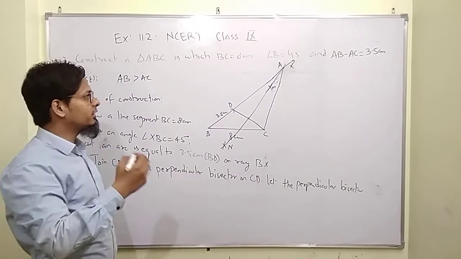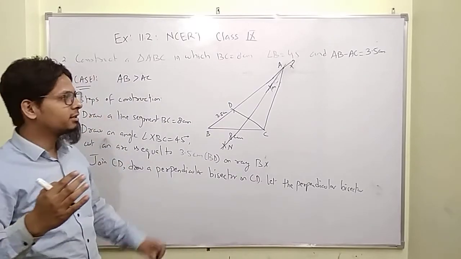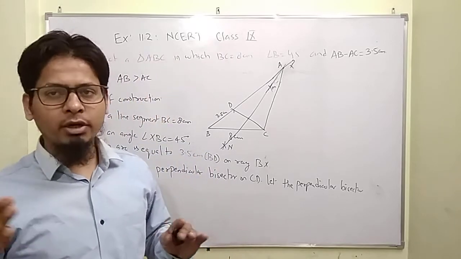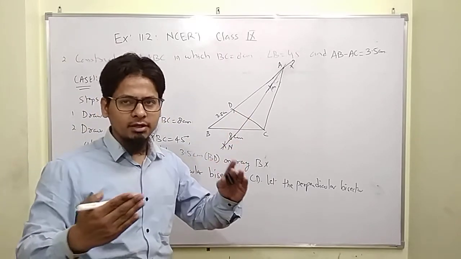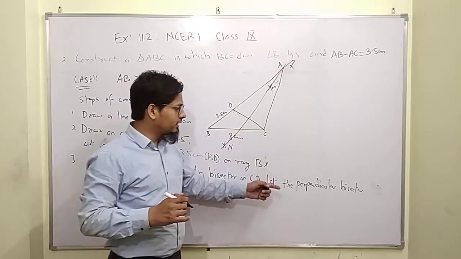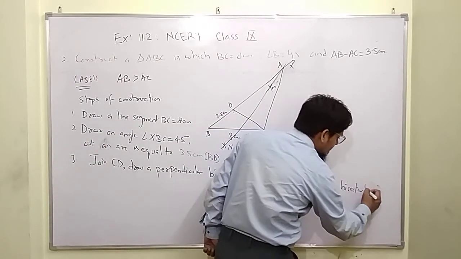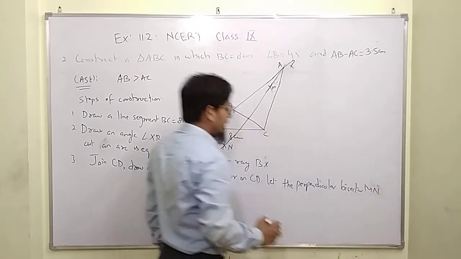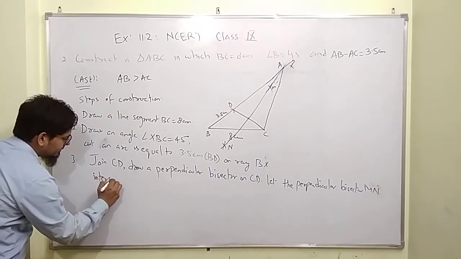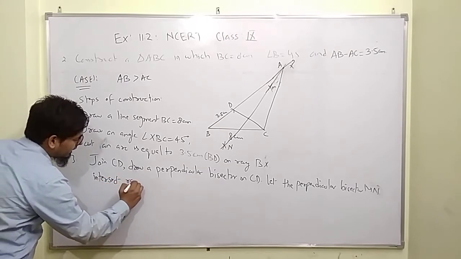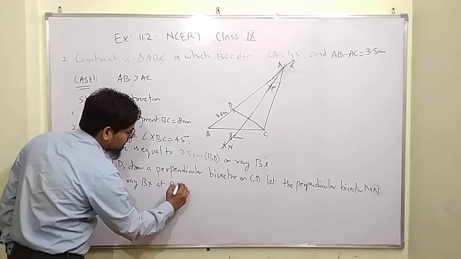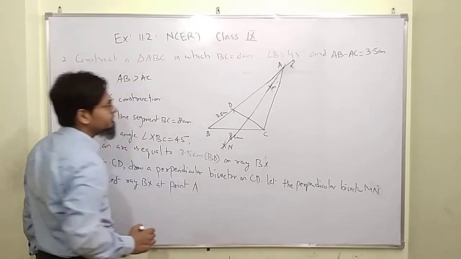Now this vertex is more clear, you can understand it because it is differentiated where the perpendicular bisector is going, where the ray BX is going, and at point A both are intersecting. So I let the perpendicular bisector MN intersect ray BX at point A, right?